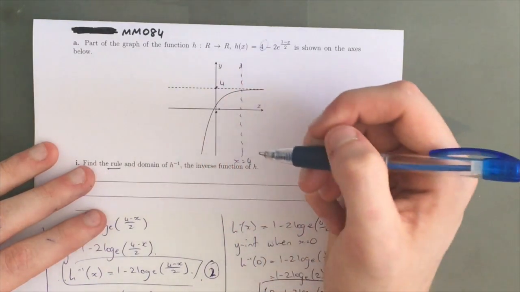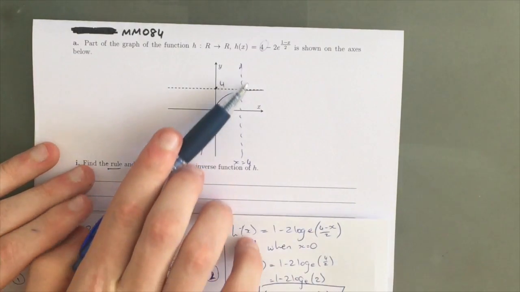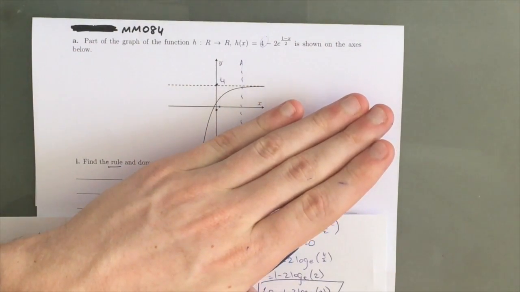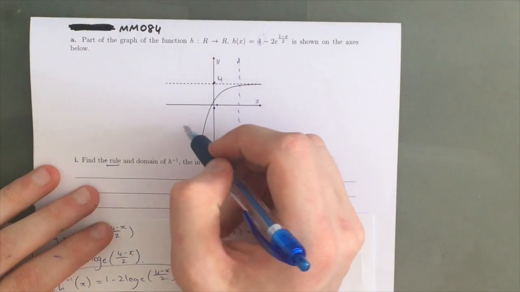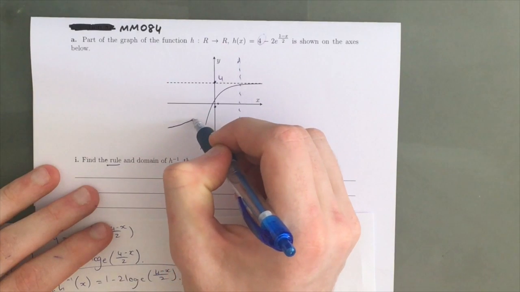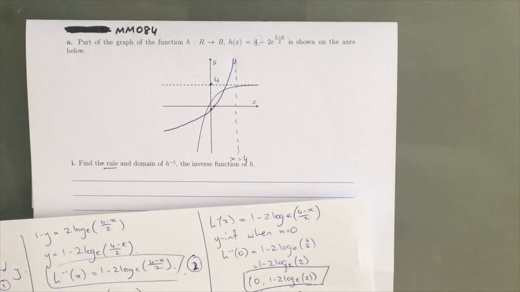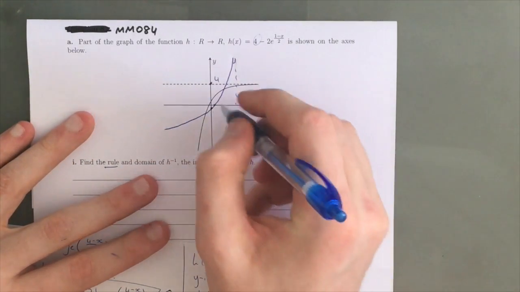And the reason I know that they are there is because of how the inverse is shaped. Remember, it gets reflected over the y equals x line, which means that it's going to sort of flip, and it's going to look something like this. Then all we need to do is just label these points.